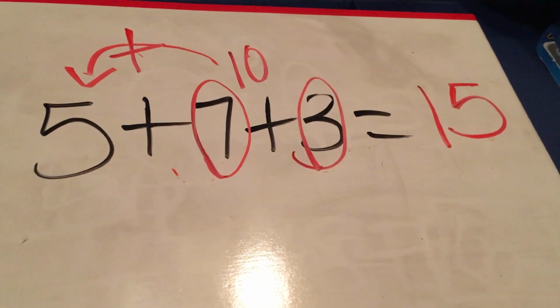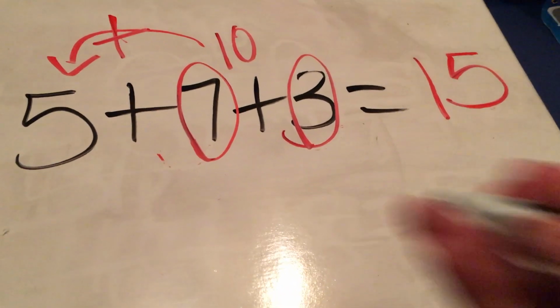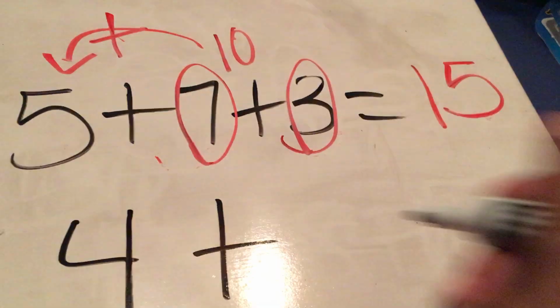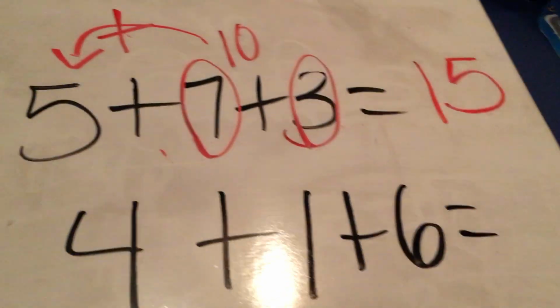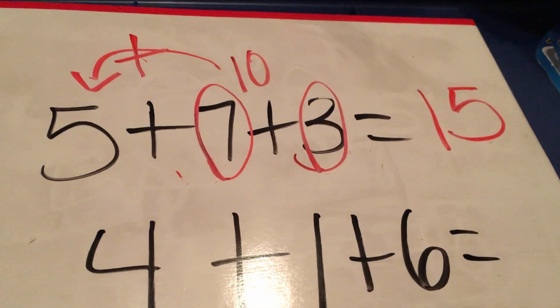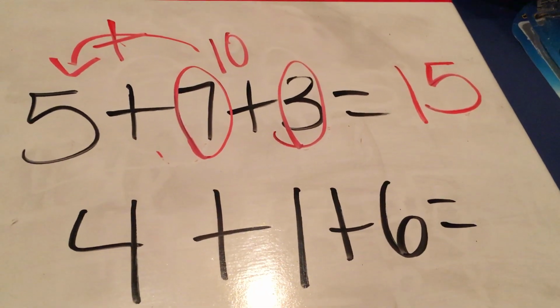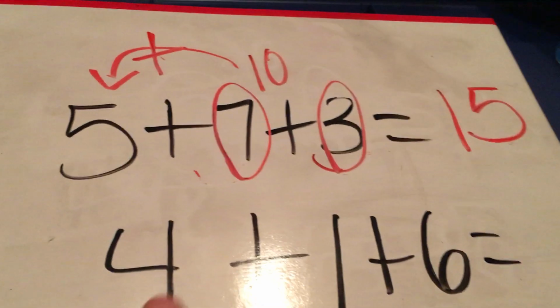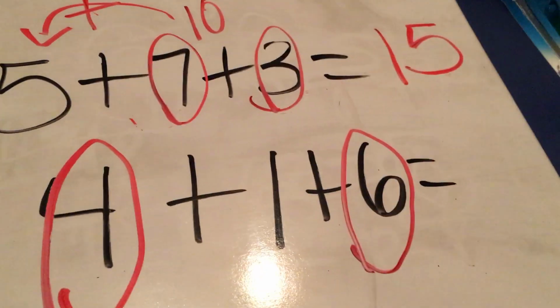Alright, let's do another problem where I have to find my 10. 4 plus 1 plus 6. Again, I'm looking for two add-ins that equal 10. So I have 4 plus 6 equals 10.